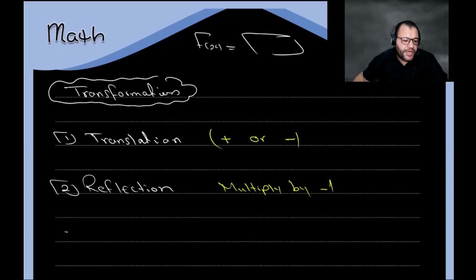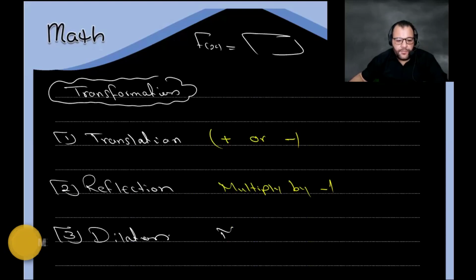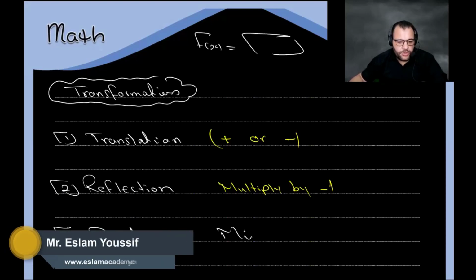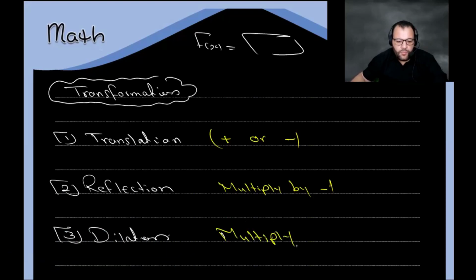When do you know that we have a dilation? Multiplication or division. Multiply or divide by a number. Dividing means multiplying by a fraction.